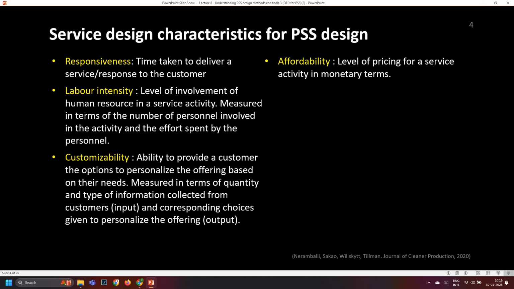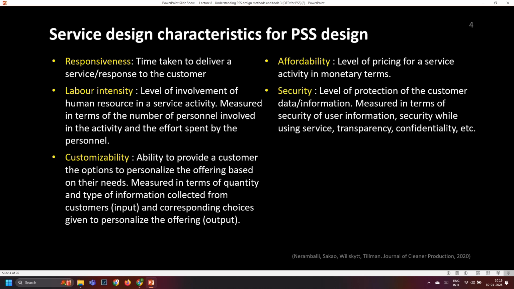Affordability is very much related to what I already explained. It's related to cost, how much cost and price is associated to the given service.